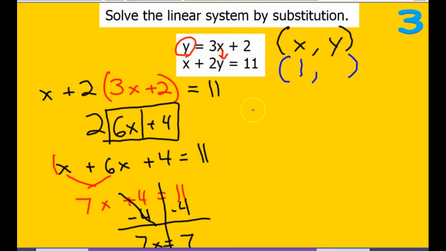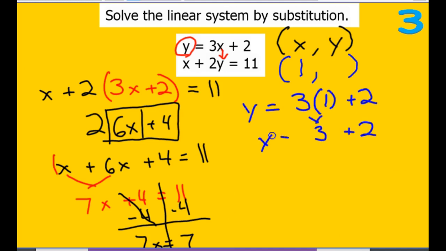So we can have y equals 3 times 1 plus 2. 3 times 1, that's 3, plus 2. 3 plus 2, that's 5. And y equals 5. So we know our y is then 5. Our solution is 1, 5.